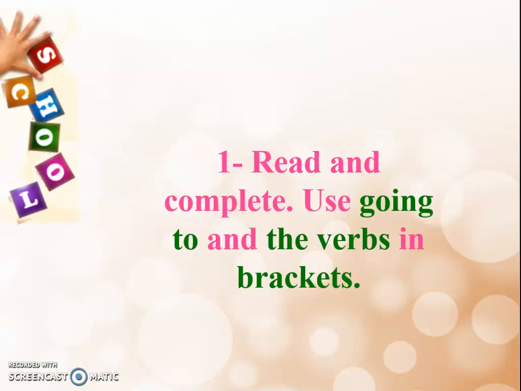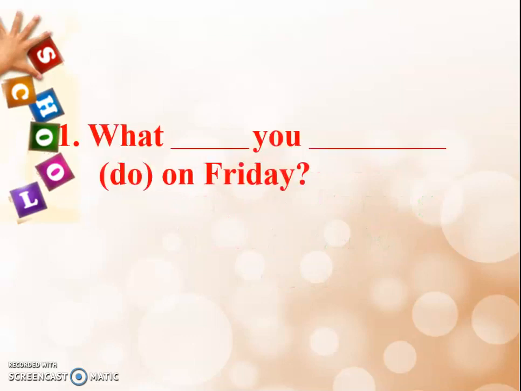Let's play. Read and complete. Use going to and the verbs in the brackets. Here we have what, which is a WH question word, so this is a question. First here we have are. What are you? Because we have here the personal pronoun you.